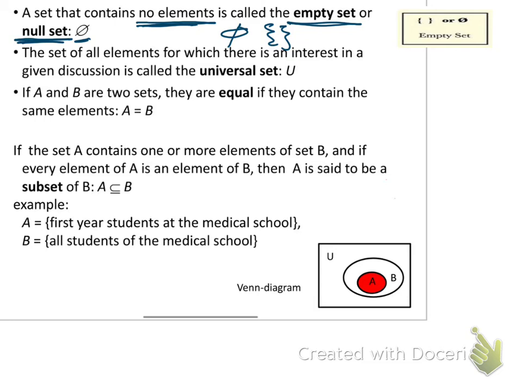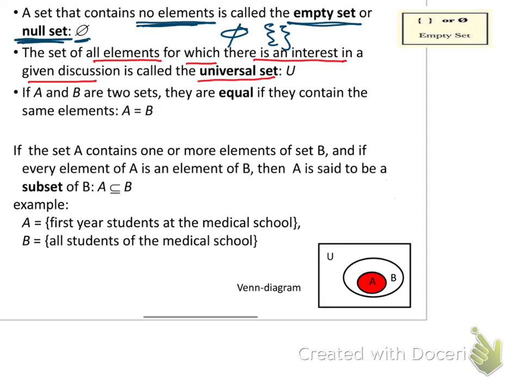Okay, so the set of all elements for which there is an interest in the given discussion is called the universal set. What does it mean? Universal means all the available elements, whether the subject criteria apply to them or not. For example, if I'm talking about Debrecen University, I can say Debrecen University is our universe.